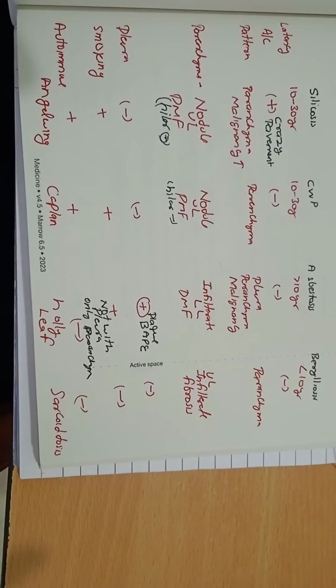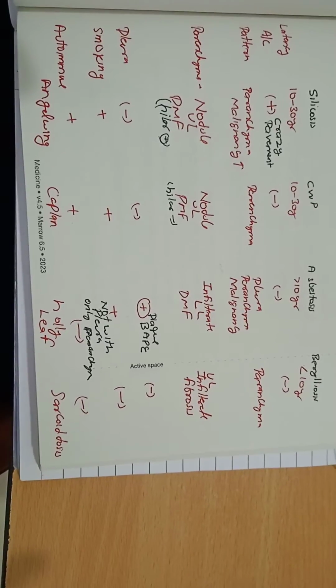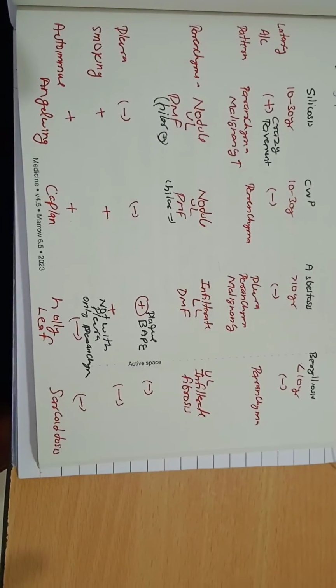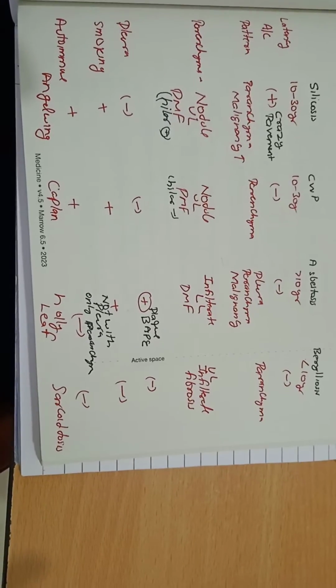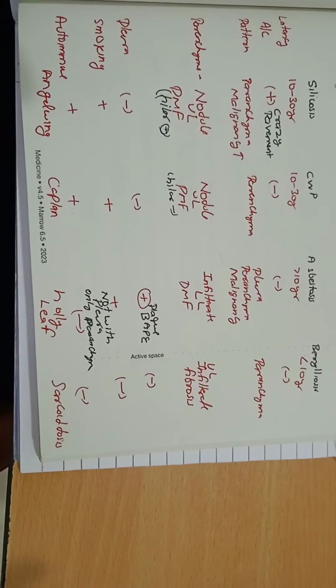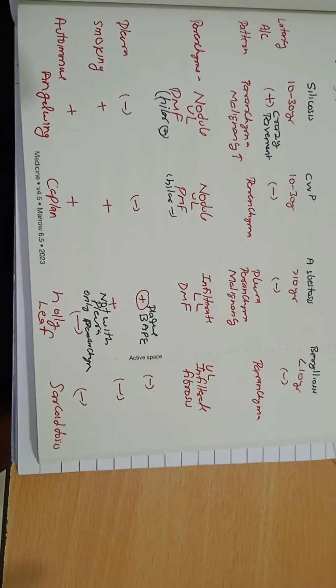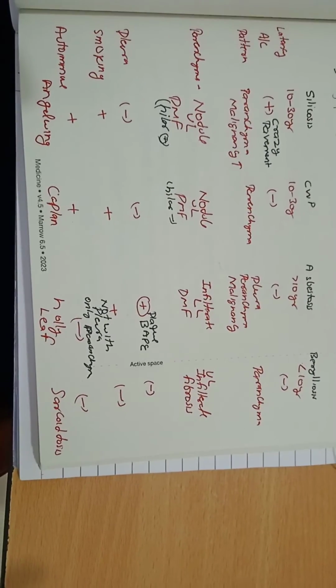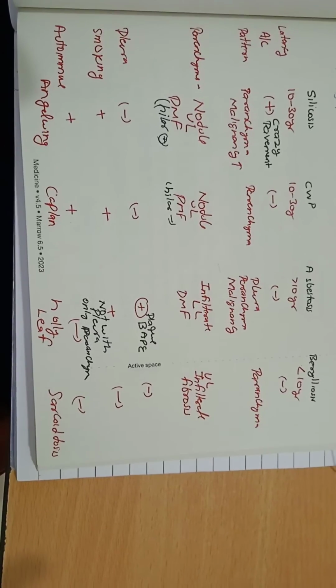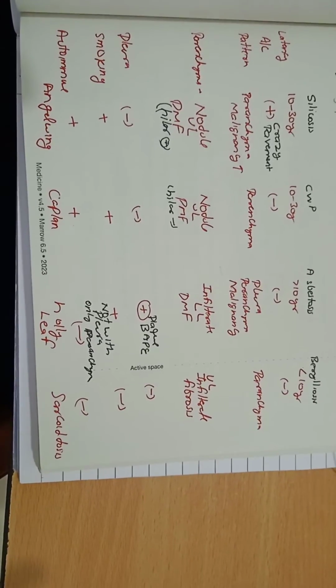In asbestosis, there are no nodules; there is infiltrate which occurs in the lower lobe, and there is diffuse fibrosis. In berylliosis, there is upper lobe involvement, infiltrates are seen, and fibrosis occurs.